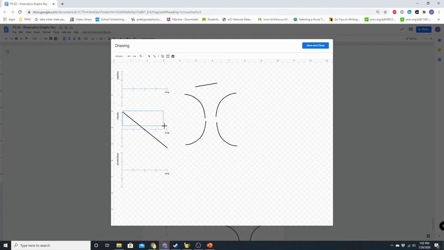Remember, anytime the velocity is on the top half, we're going in the positive direction. Let's say that's upward. So if the velocity is above the axis, we're going upward, and if the velocity is below the axis, we're going downward. So where are we going in the first two tick marks? We're going upward.